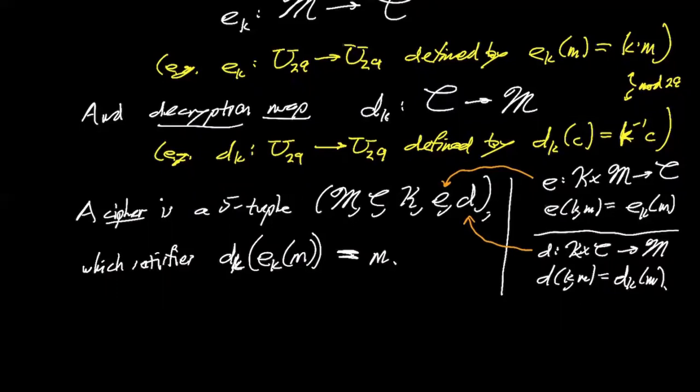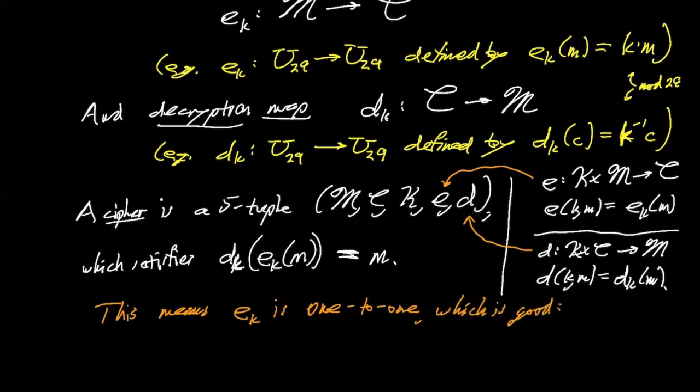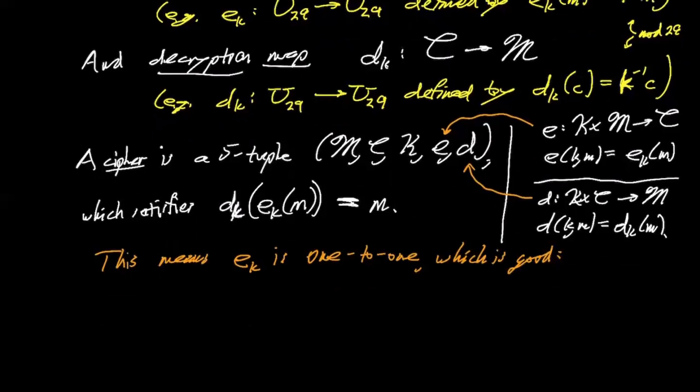This means E sub k is actually a one-to-one map. D sub k is a left inverse of E sub k, and if a map has a left inverse, it's one-to-one, which is not hard to prove. And that's a good fact. We don't want two different plaintexts producing the same ciphertext.